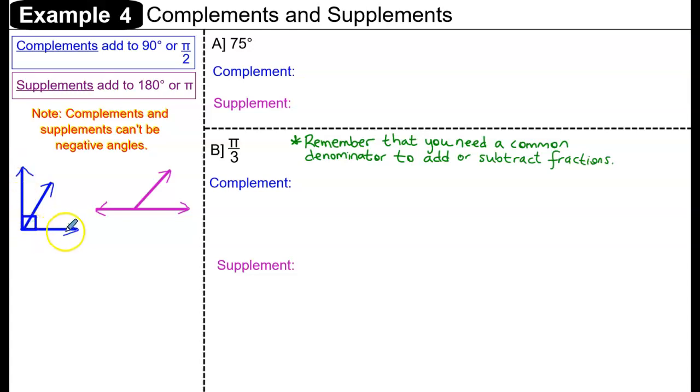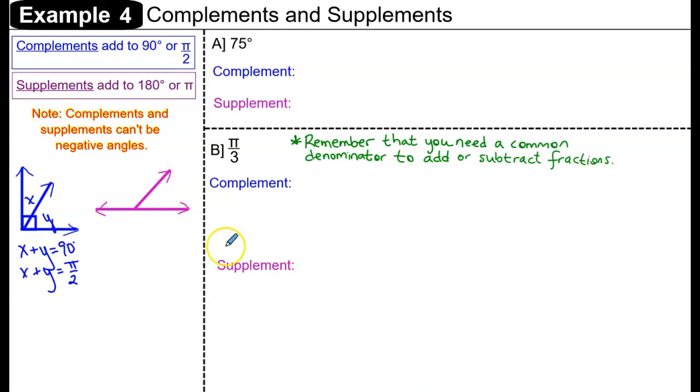So if we have a right angle that's 90 degrees or pi over 2 radians, and I have x and y as my two angles, then x plus y has to equal 90 degrees, or in radians x plus y would total pi over 2 radians.